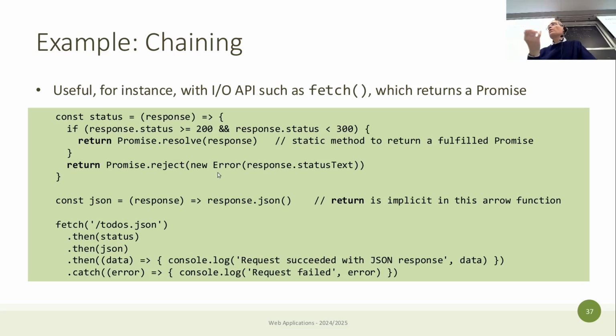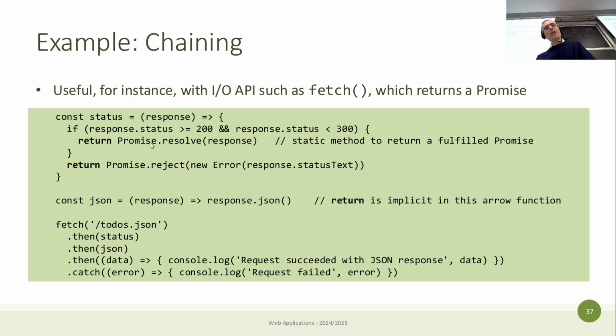The promise is just a container of a value and the status, fulfilled or rejected. Okay, status. And so the status will resolve or reject. It means we return a fulfilled or rejected promise. If it's a rejected promise, this JSON and data will not be called. Only the final callback with catch will be called.